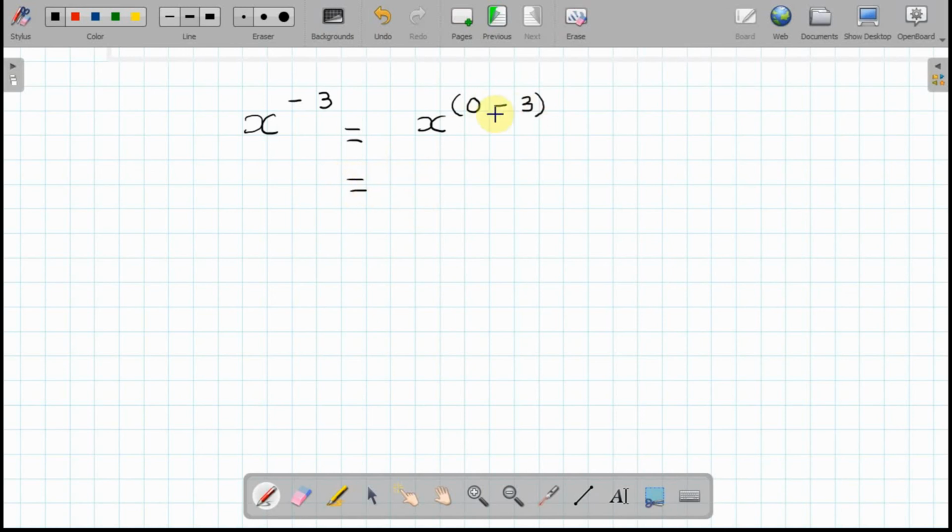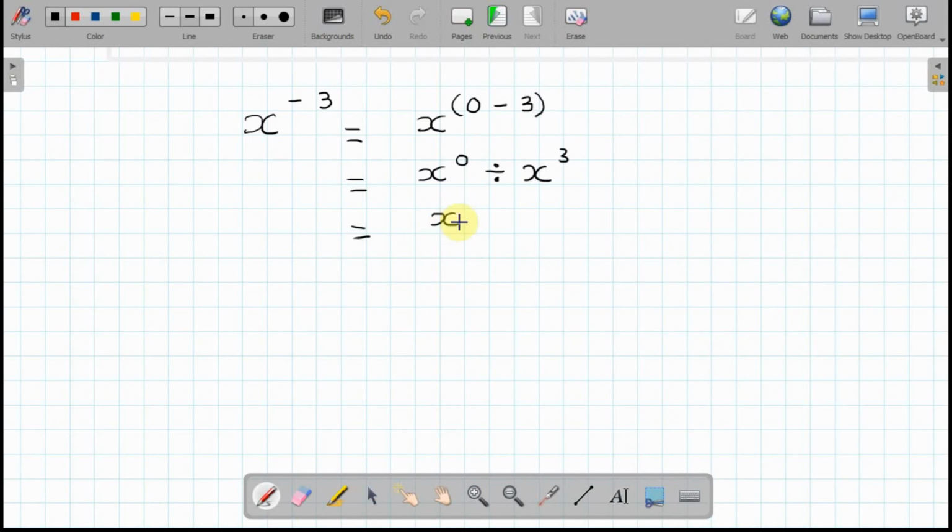Now we subtract powers when you're dividing and the bases are the same. So I can say this is the same as x to the power 0 divided by x to the power 3, right? The minus signifies dividing. And then I'm working backwards here.